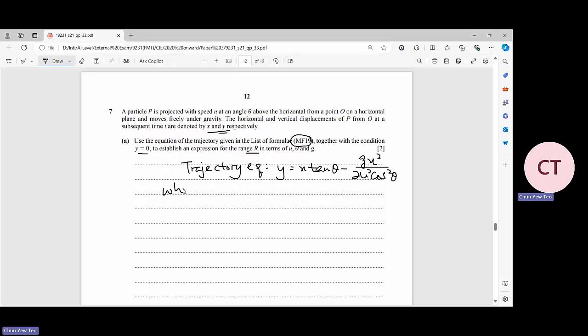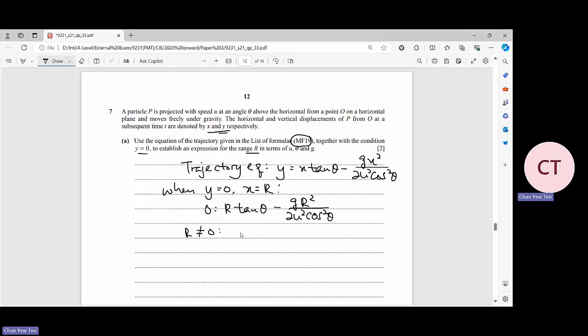So when your y is equal to 0, your x is equal to R, the range. So you have 0 equal to R tangent theta minus gR square over 2u square cos square theta. Okay.